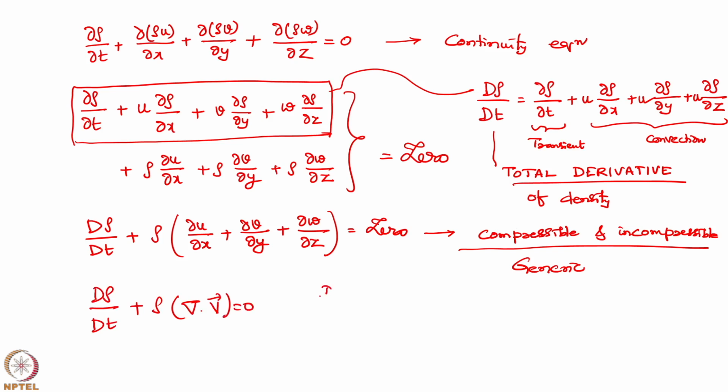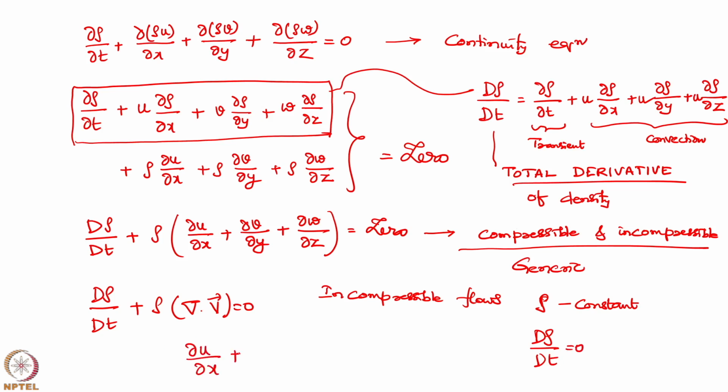But for incompressible flows, density is constant, neither it varies with space nor with time. So, that is constant and uniform. Then in that case d rho by dt equal to 0. So, we get del u by del x plus del v by del y plus del w by del z is equal to 0.